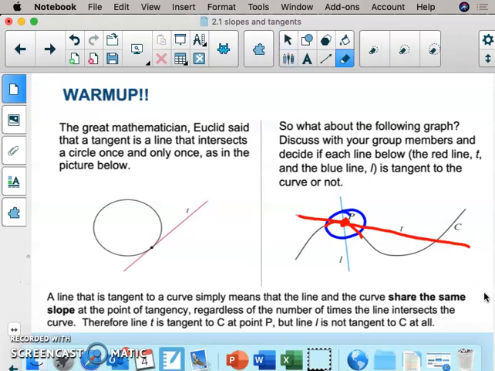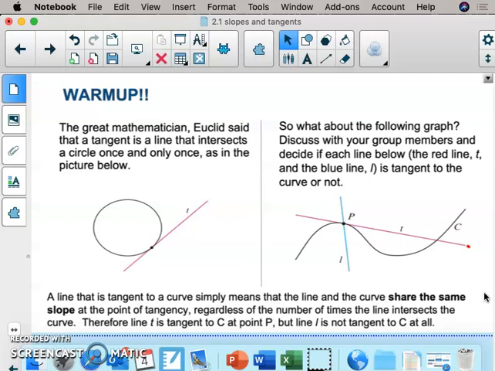It's hard to talk. You probably haven't talked very much about slopes of curves, but the slope of this curve is the same as the slope of the red line at that point. Because of that, we say that that red line is tangent to the curve at that point. It's okay for the line to intersect the curve at any other spot, right?